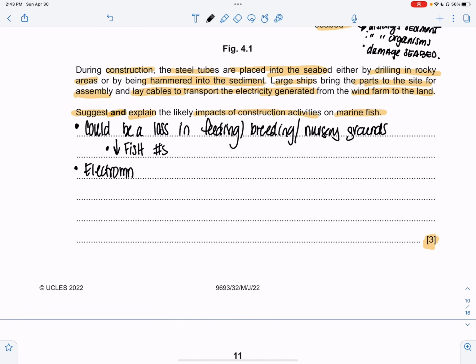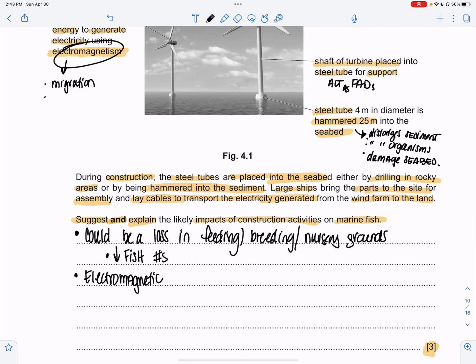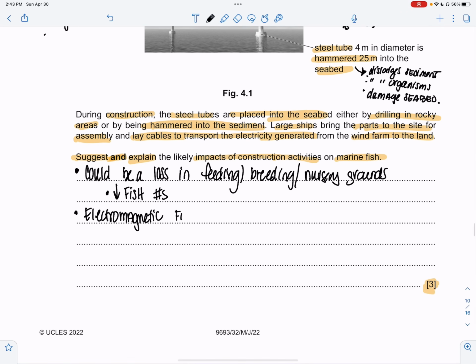The electromagnetic field that was mentioned right here, or loud hammering or drilling, can drive fish away. Like they would just want to avoid that area altogether.